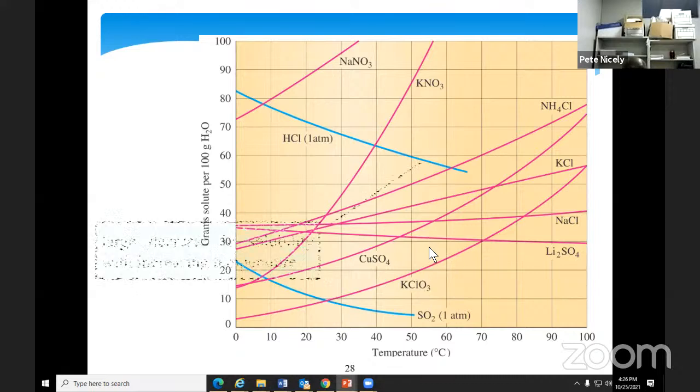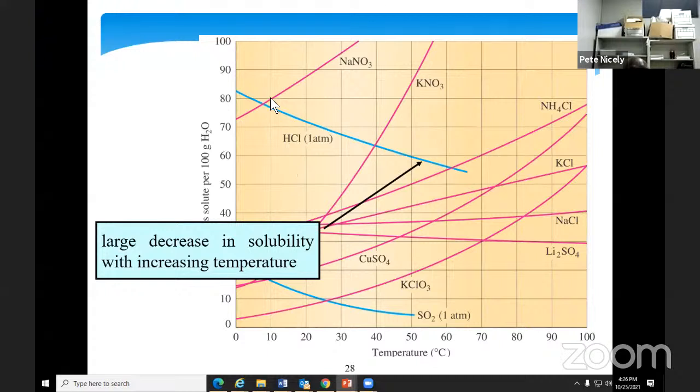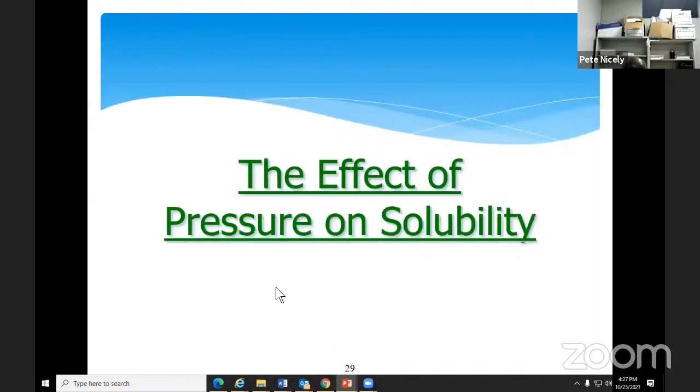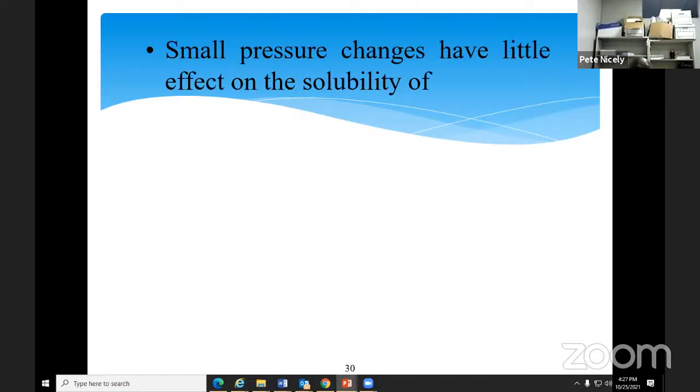Okay, let me see here. So yeah, this is the decrease in solubility that is observed for gases as the temperature increases. Okay, sticking to a discussion of gas solubility in water, we can also identify the fact that the pressure of the gas will also have an effect on its solubility, all right?